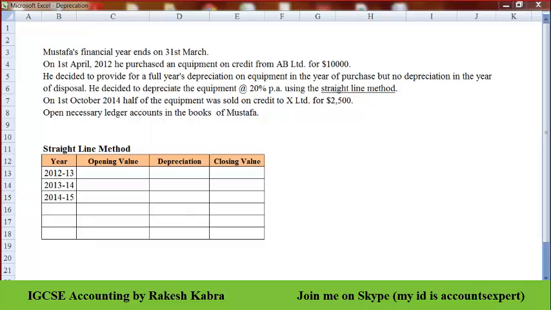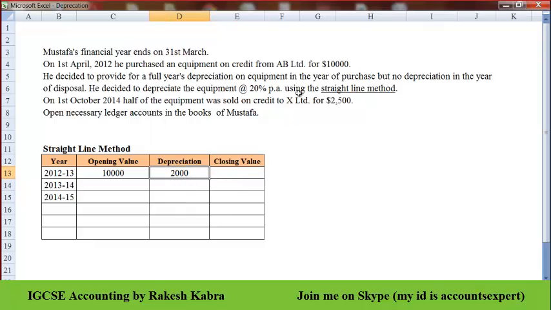In the third year, he sold the equipment on 1st October 2014. So what is the opening value of the equipment? $10,000. And depreciation I now need to compute on 10,000 at the rate of 20%. So the depreciation will be 2,000.